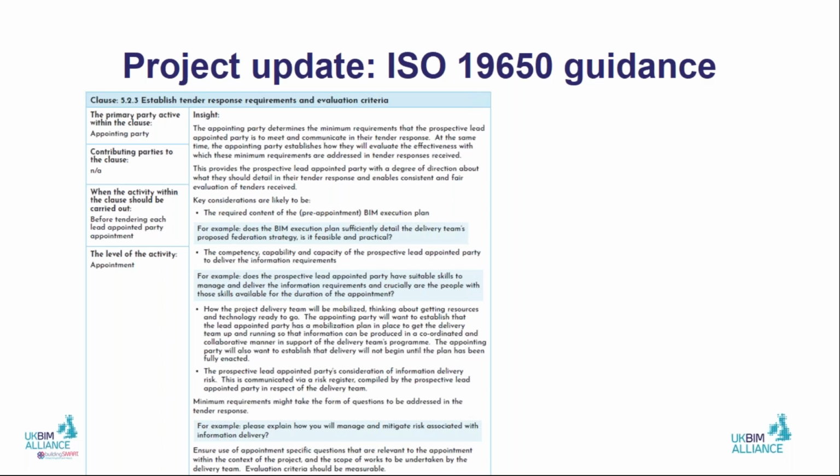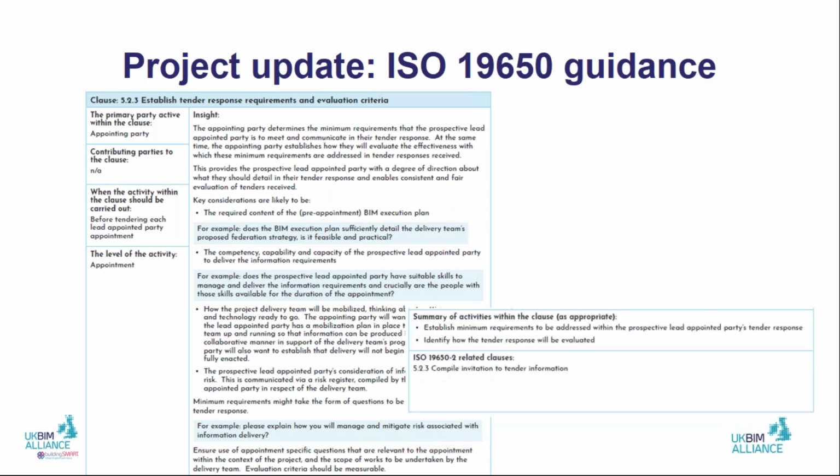So each subclause has been analysed, and we've got commentary identifying who the primary and contributing parties are, when the activity within the clause should be carried out, and the level of the activity, so whether that's a project level activity or an appointment level activity, plus an insight into the specific requirements, and where we can, we give examples and hints and tips around the contents of the clause. And then there's also a summary of activities for that clause and signposting to related clauses.